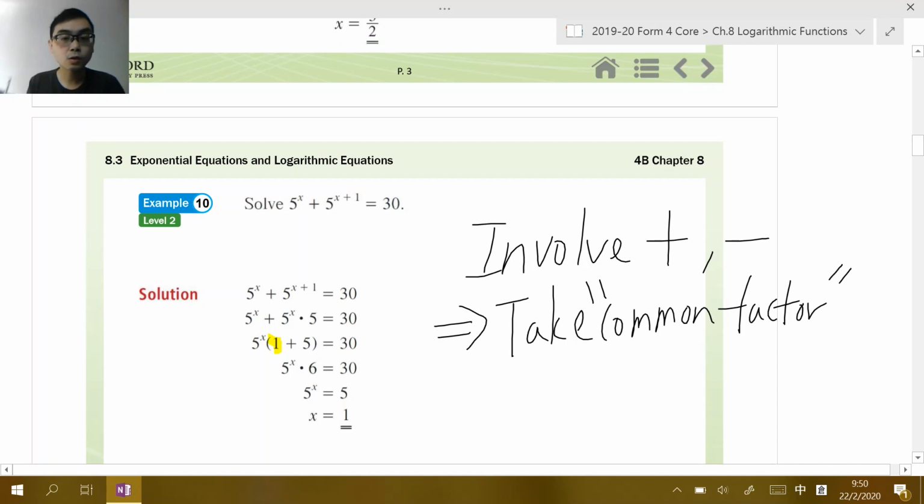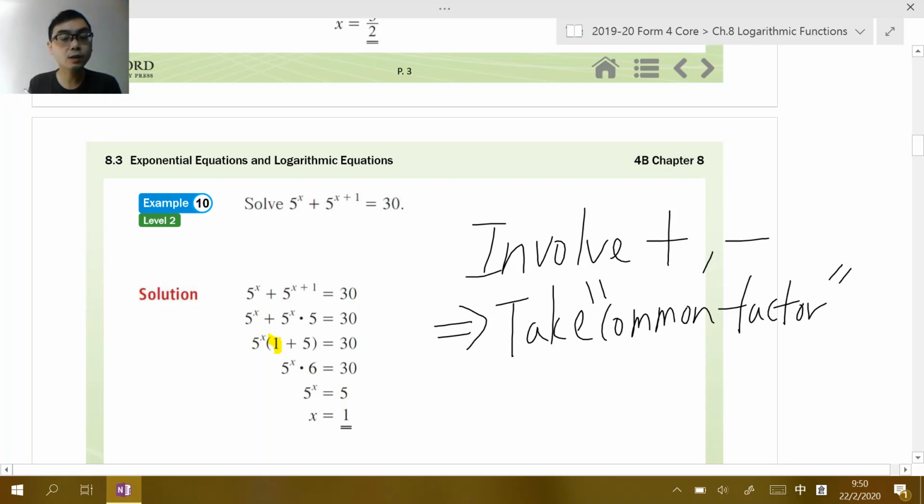Both of these base 5 terms are on the left hand side, so we cannot just compare. What we need to do is take out the common factor to put them together, because if two terms are adding or subtracting, we cannot apply the law of index. The law of index involves multiplication of terms with the same base or different base, but we cannot do it for addition and subtraction.